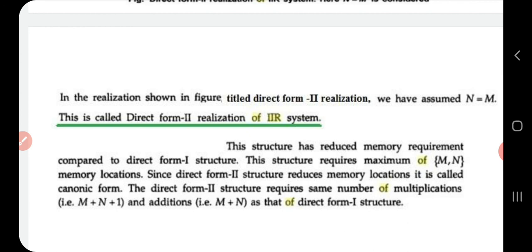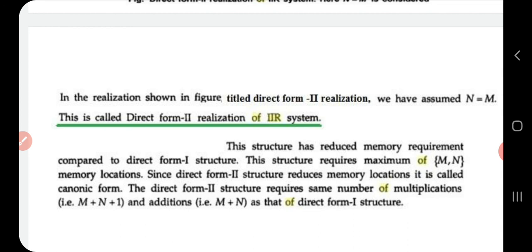For a direct form 1 realization you can refer class 9, and for direct form 2 realization you can refer class 10. So this is very easy to learn once you understand the difference between direct form 1 and direct form 2 realizations.